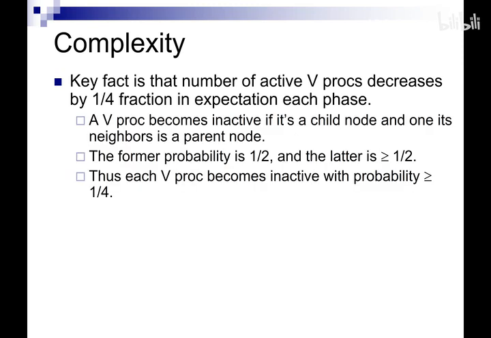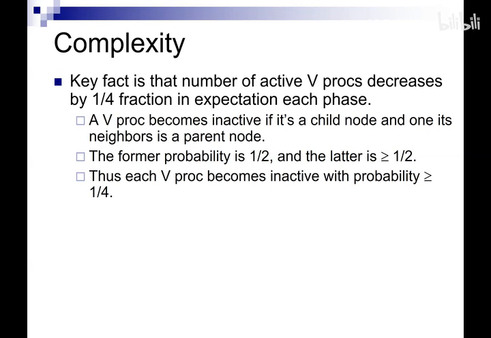The reason this is true is because a V process is going to become inactive if it's a child process and one of its neighbors is a parent process. In that case, it's going to point to one of its parents. It could have multiple neighbors being parents, but as long as any of its neighbors are parents, it's going to point to one of them, and then it's going to become inactive.